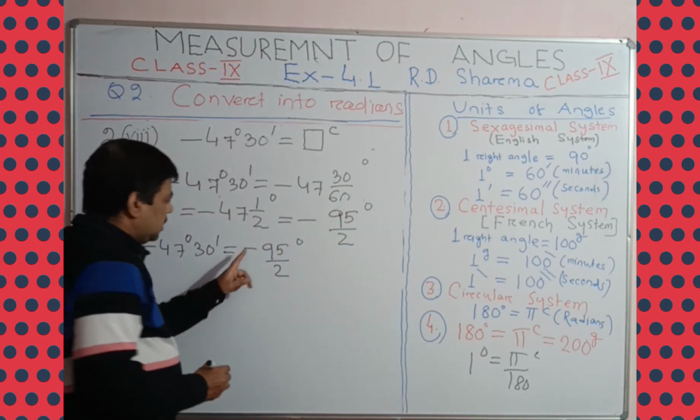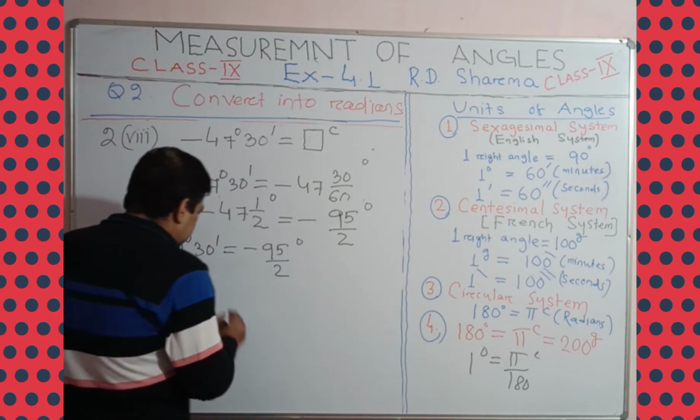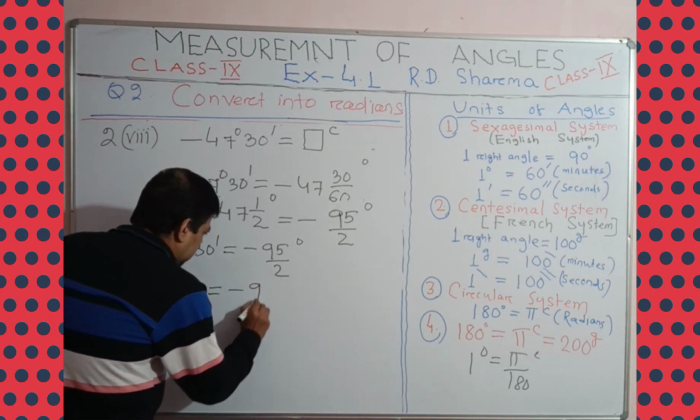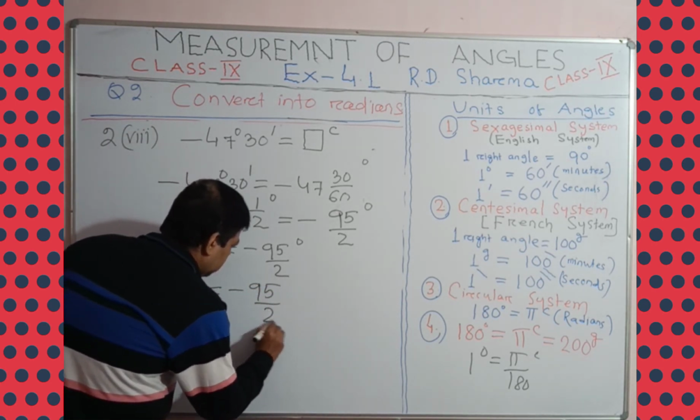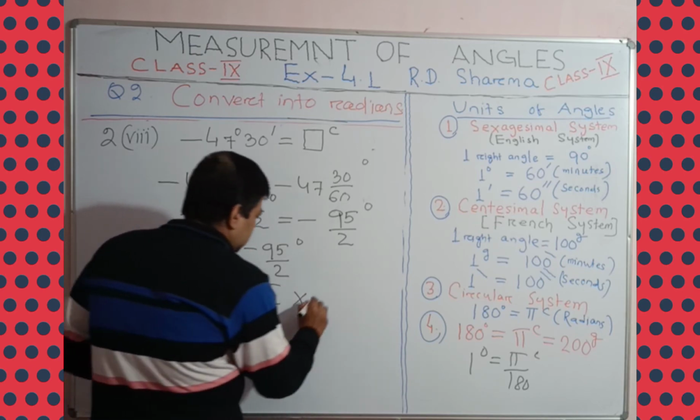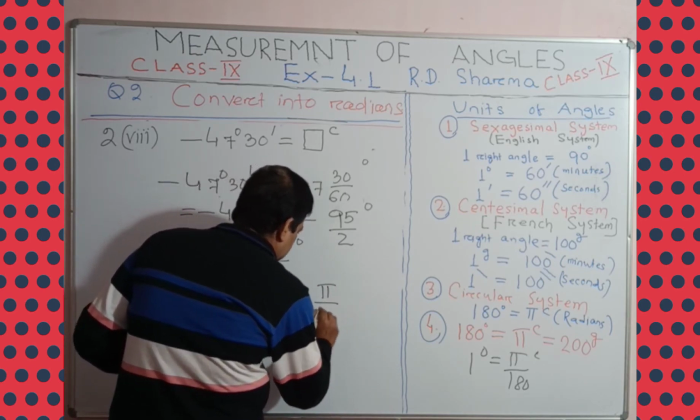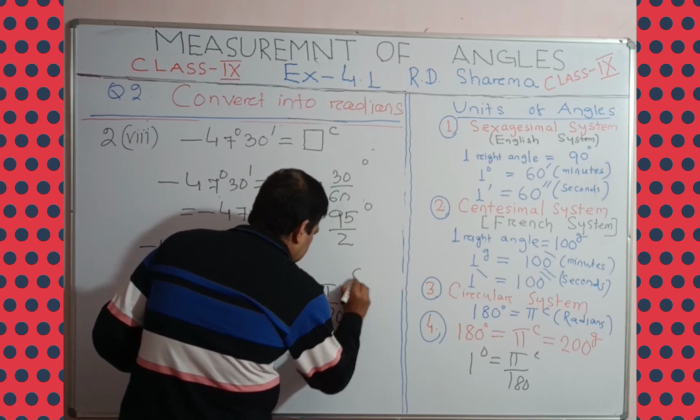If the angle is given, you can convert directly. So similarly minus 95 by 2 degree, directly you can do minus 95 by 2 into pi upon 180 radian.